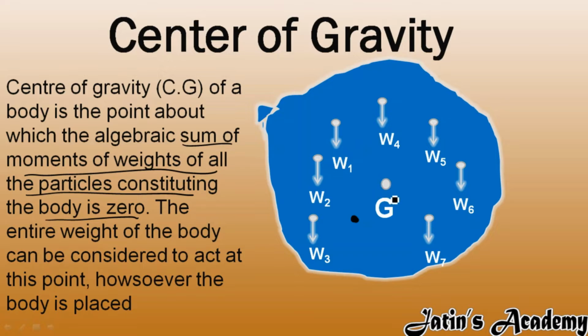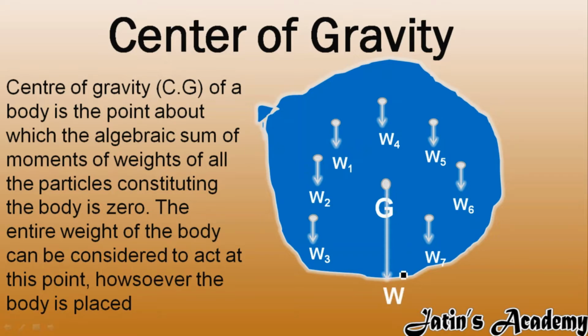One more speciality of the center of gravity is that the entire weight of the body, made of these small particles, can be considered to act at one point, and that point is again called the center of gravity. So here the weight is acting, and this weight is the sum of all the particles W1, W2, W3 present inside the body.